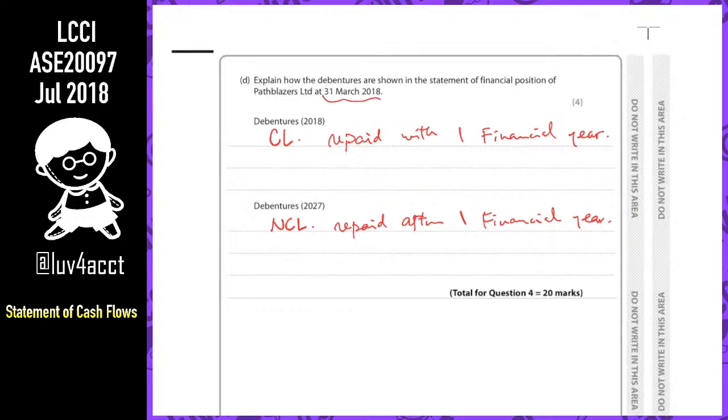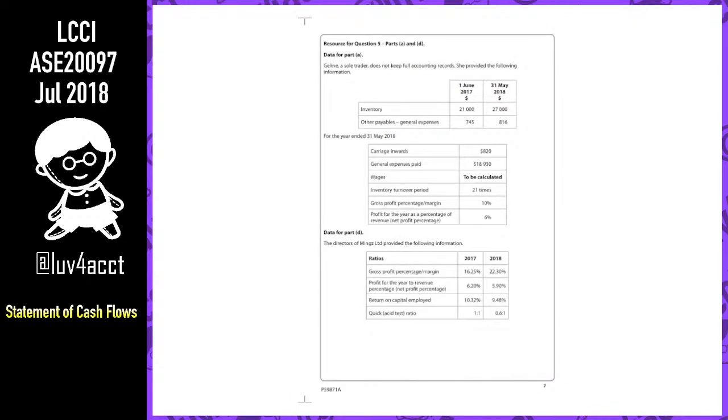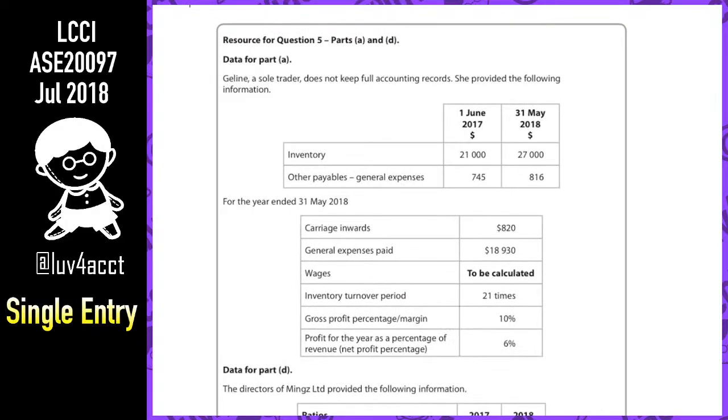Okay, 20 marks done. Last question would be single entry. Okay, so let's see what is given to us. Okay, this sole trader does not keep full accounting records. She provided the following information. Okay, I do not know how to pronounce the name of the owner.